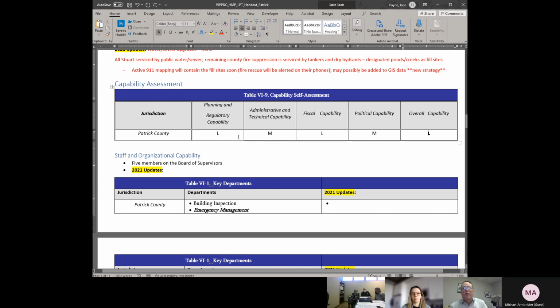Like almost everybody says fiscal capability is low because everybody needs more money. Political capabilities, like, is there the political will to get things done? So it's kind of a self-assessment, and this is what you gave yourself 5 years ago. I don't think there's been much change to it. Okay, and that's fine.